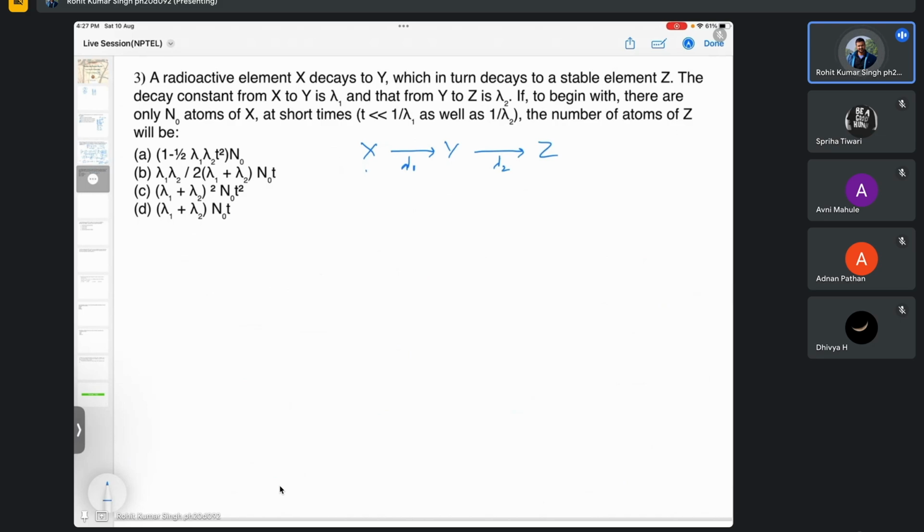If there are n0 atoms of X, again we are giving the condition that lambda 1 t and lambda 2 t are small compared to 1. At short time, the number of atoms of Z will be what? So we have to find n3.